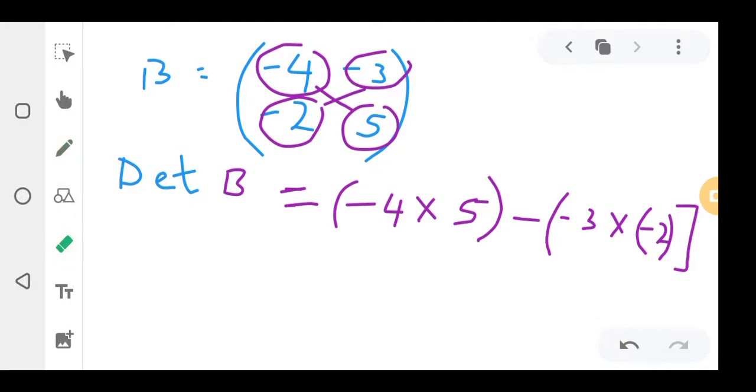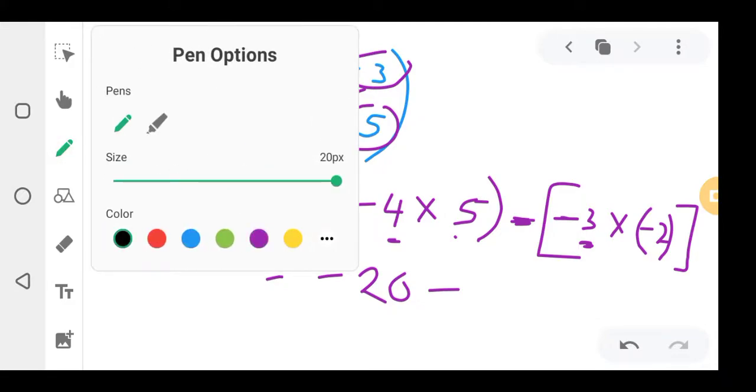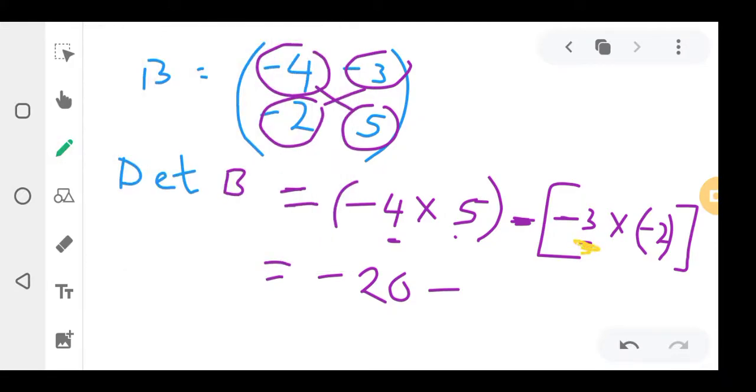That is negative, so the sign changes because of those two negatives. That will be equal to -4 times 5, which becomes -20. Then this negative here comes here, and -3 times -2 becomes +6, to give me -26.